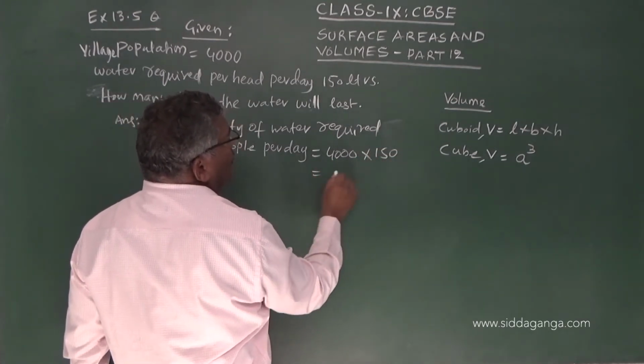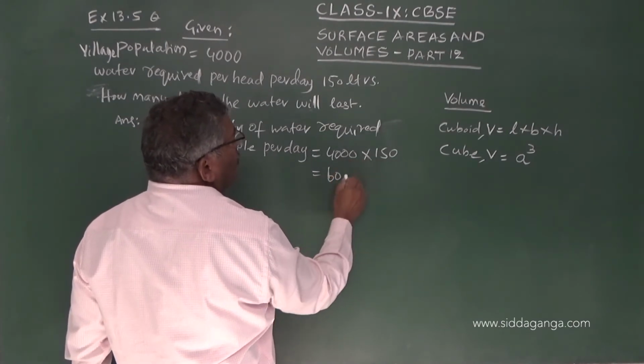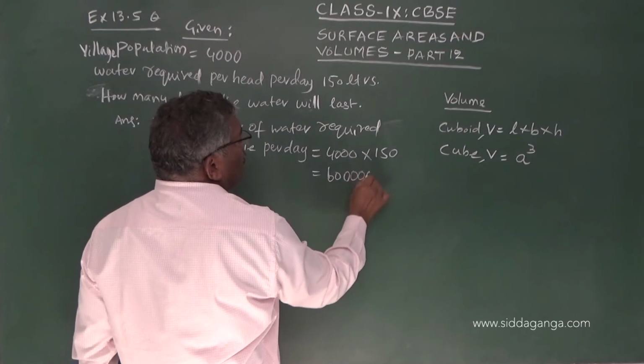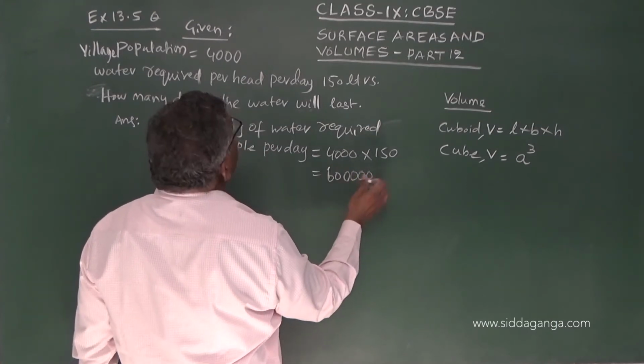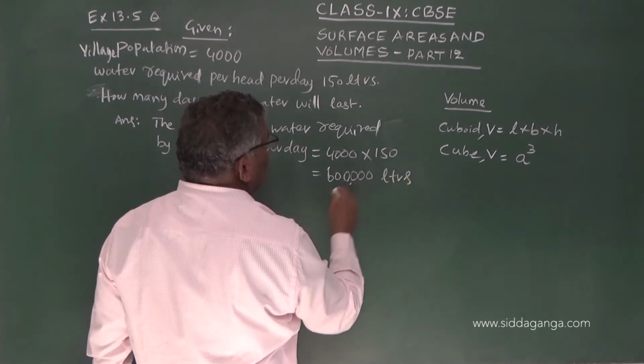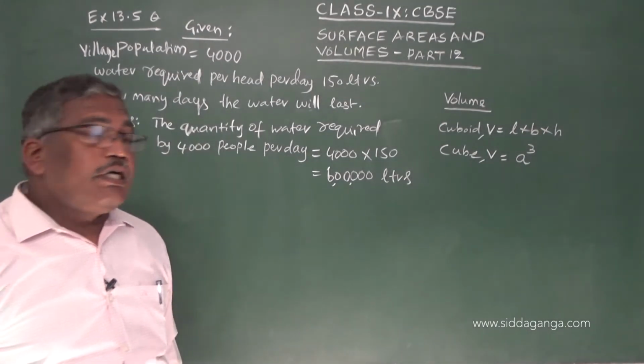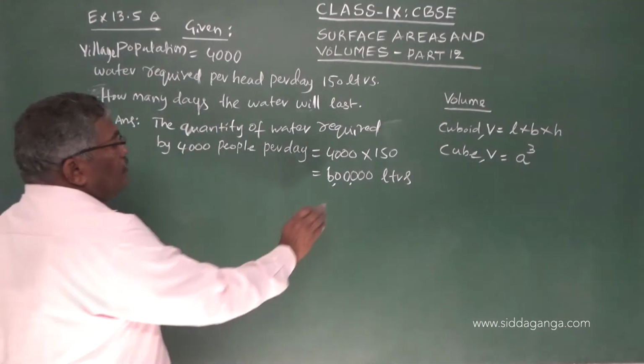So you will get 60 followed by 4 zeros. So this is liters. 6 lakh liters are required per day. So this is on one side.